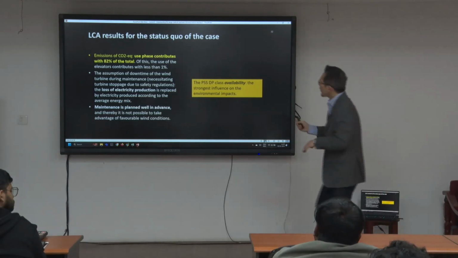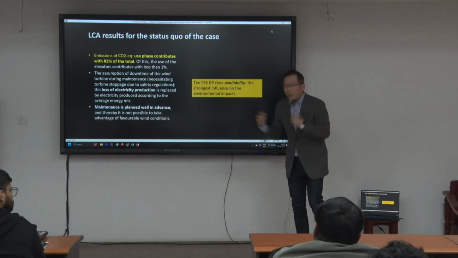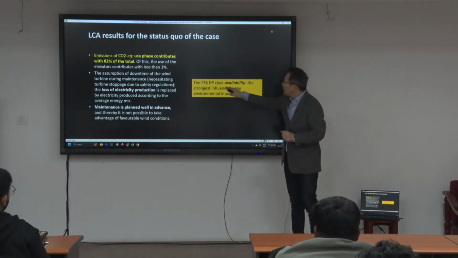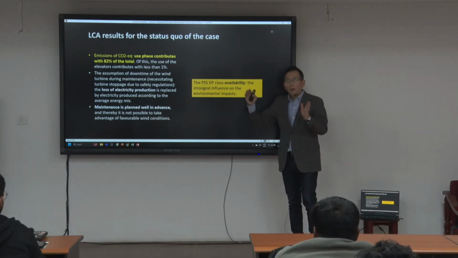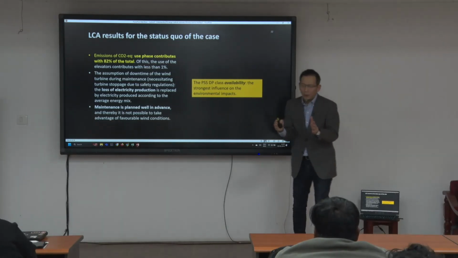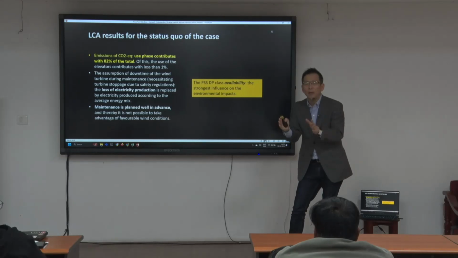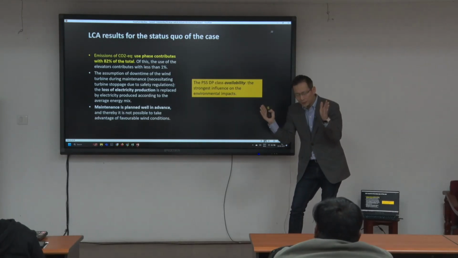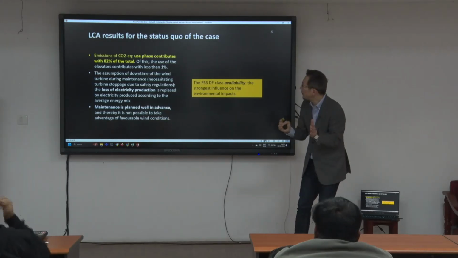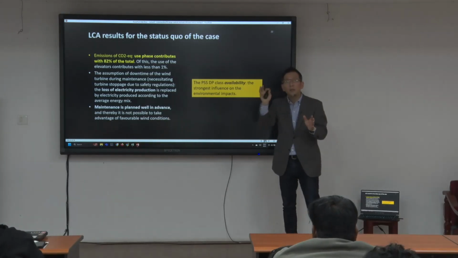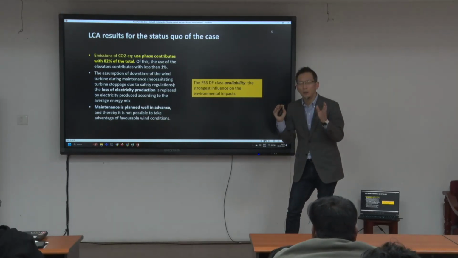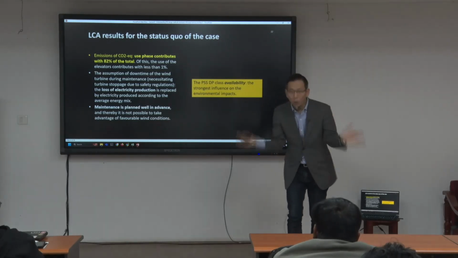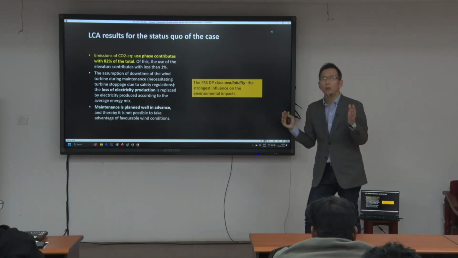Anyway, what we got as one important message is that the time for doing maintenance for the elevators is so important, because if the time is shortened, then the windmills are operated longer, and thereby CO2 emission as a whole in the system will be decreased.